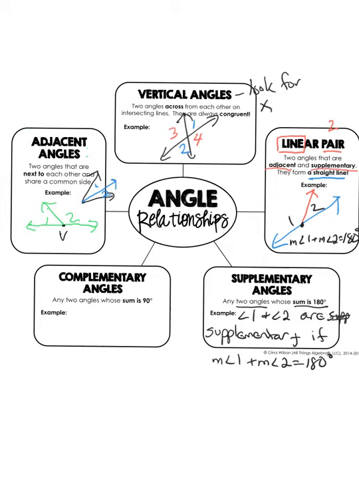So complementary angles is any two angles whose sum is 90. So look for a right angle. So if you have a right angle, measure of angle 1, well, let's just call these what they are.